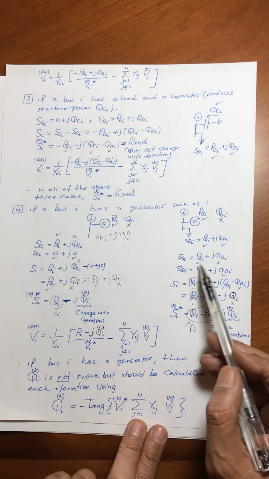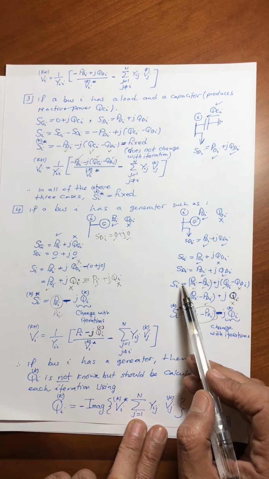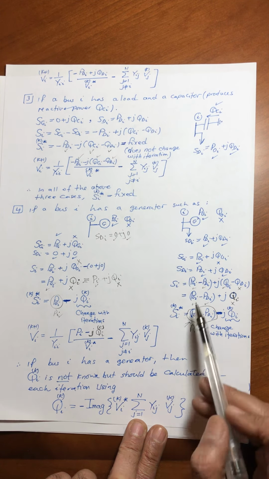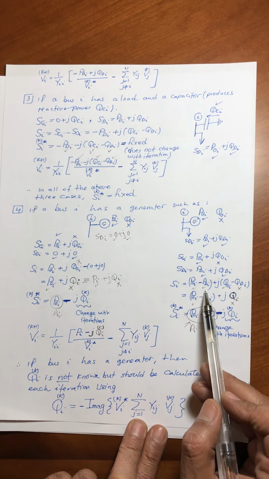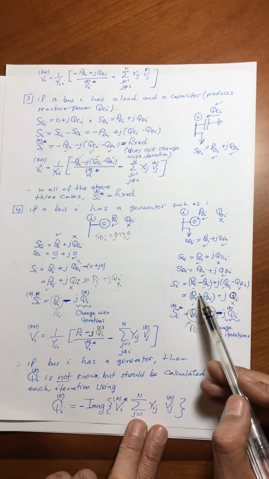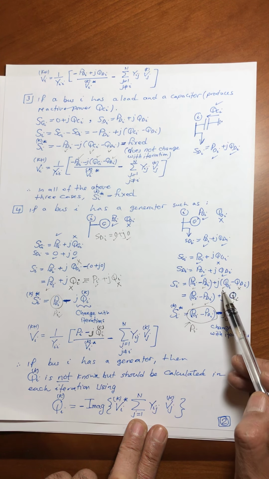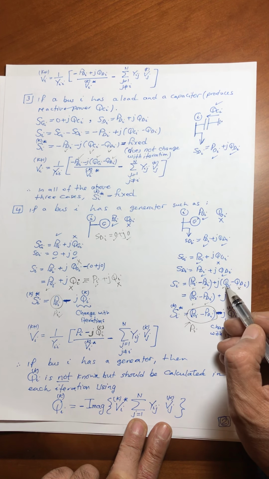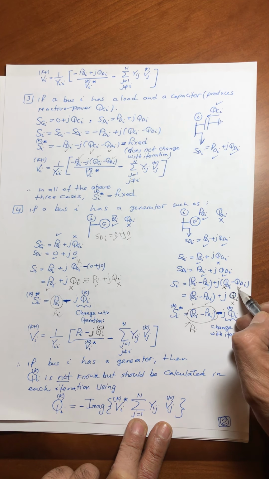If we substitute these values in SI, SI equals SGI minus S demand I. So you will obtain the result. This is known, this is known. QGI is not known here, but QDI is known.